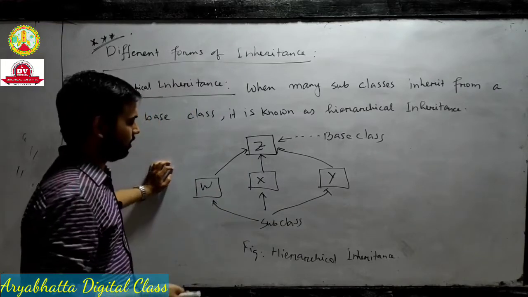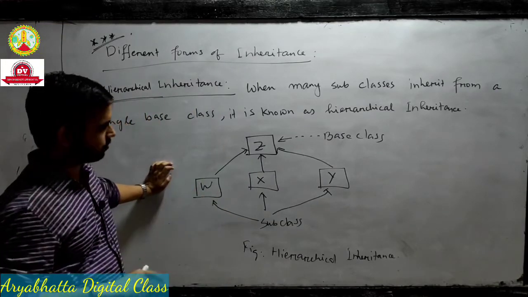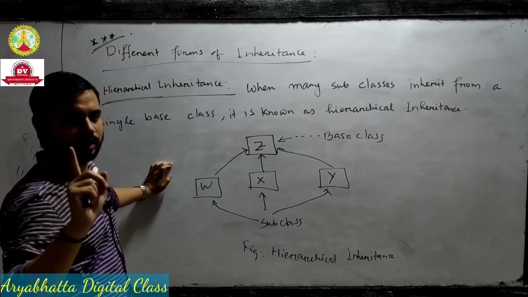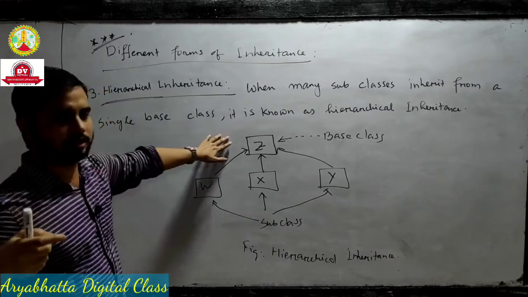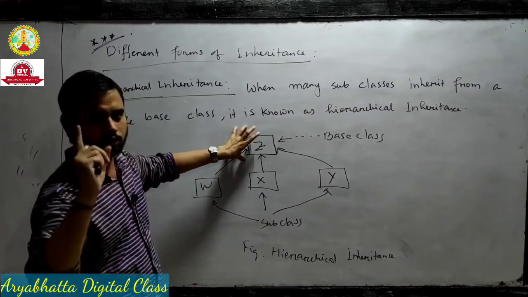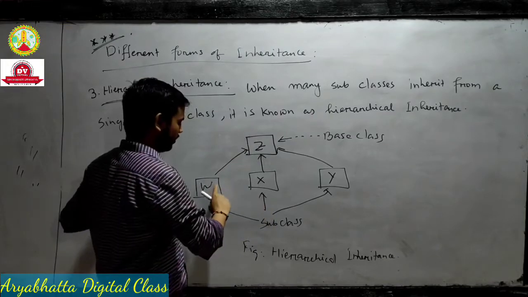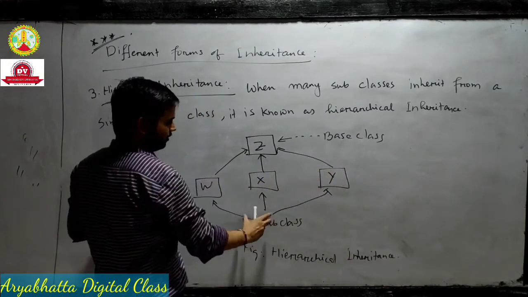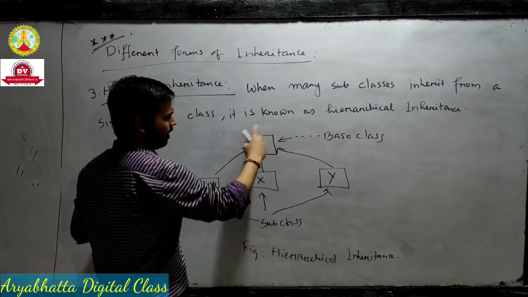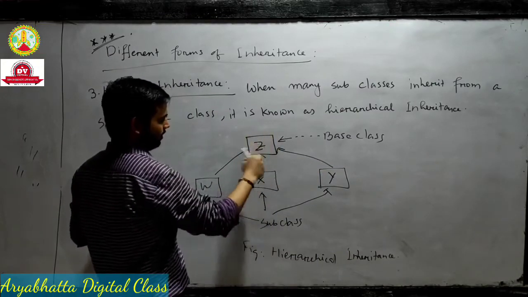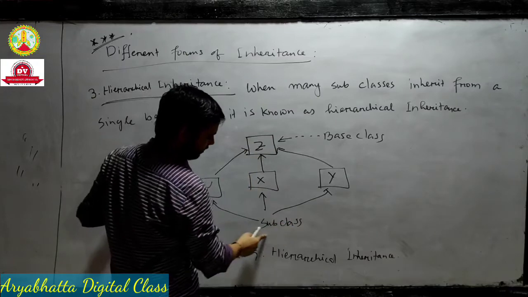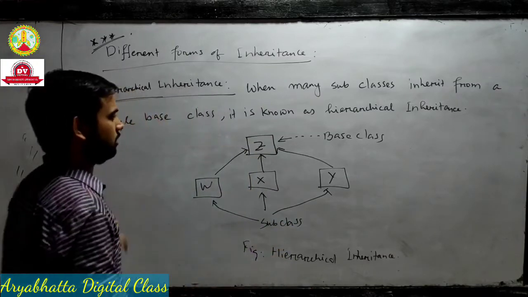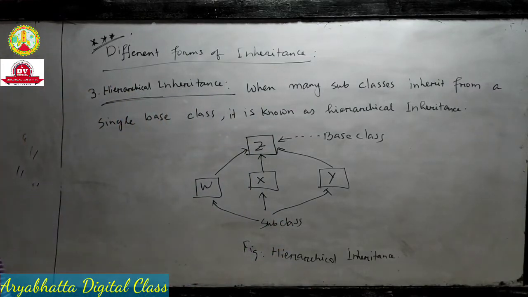In the previous one, only one subclass and more than one base class. But here base class is 1, but subclass is more than 1. You see, W, X, Y. These three are derived from this one base class, and these three are called subclass. This is hierarchical. Okay. These are very easy concepts.